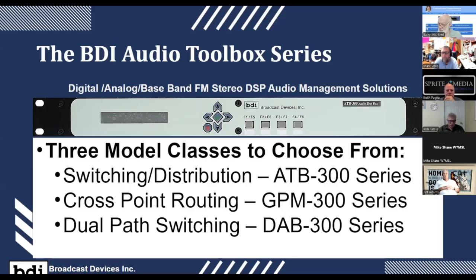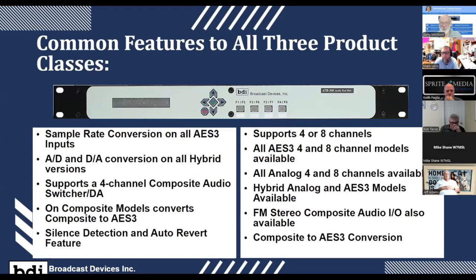So we'll go through each one of these really quickly. If we start by looking at the common features across these three product classes within the Audio Toolbox family. On the AES-3 configurations, we make these in about 9 different configurations for each model class.